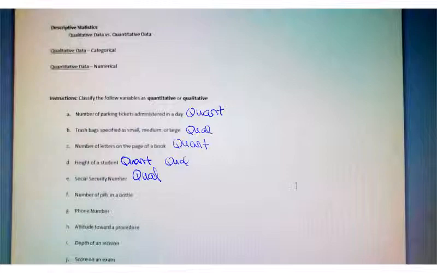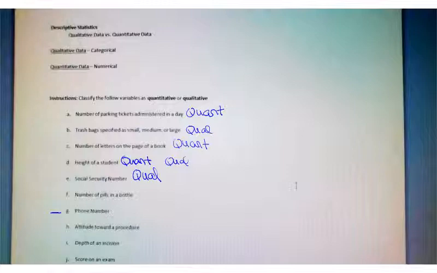It really wouldn't matter if you had a Social Security number or Social Security letters, as long as that combination of letters distinguished you from someone else. So while it is numbers that appear in the Social Security number, they're not used in a quantifying manner. Because they're used for identification, we really do consider this qualitative data.